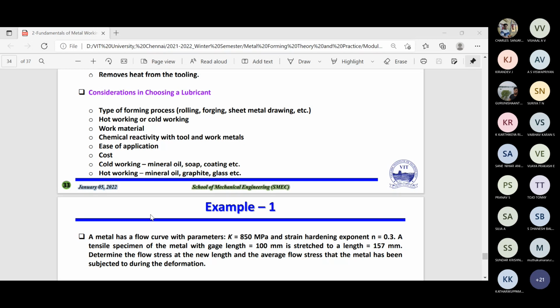Charles, epsilon, what was the equation? Like change in length by original length. Only change in length by original length, or ln of change in length by original length.